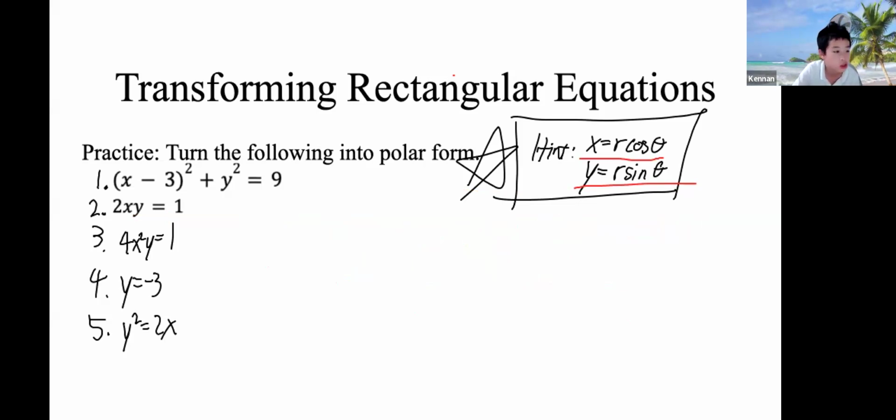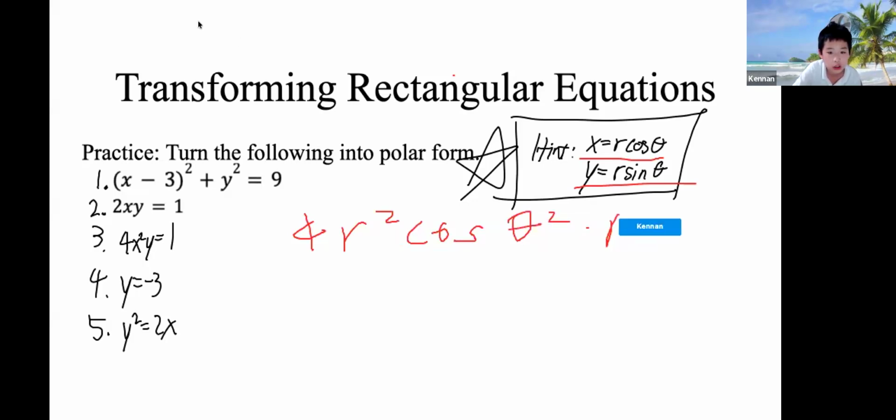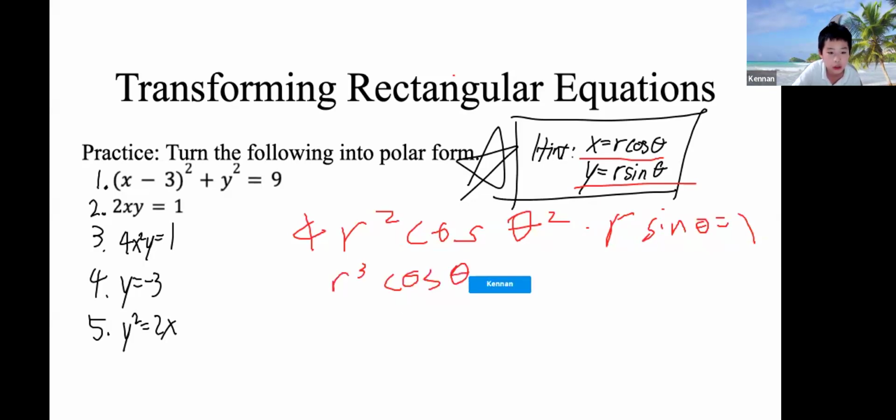So let's plug this in. This is 4r squared cosine theta squared times r sine theta equals 1. Combining it, we get r cubed cosine theta squared times sine theta equals 1/4.